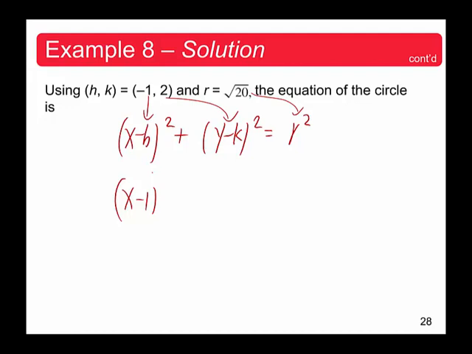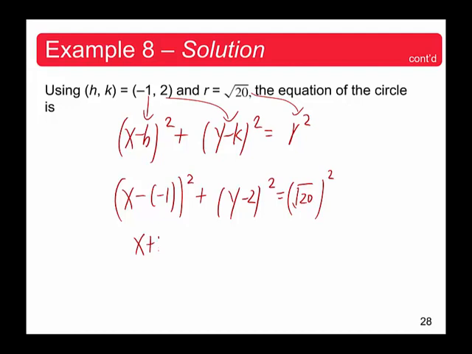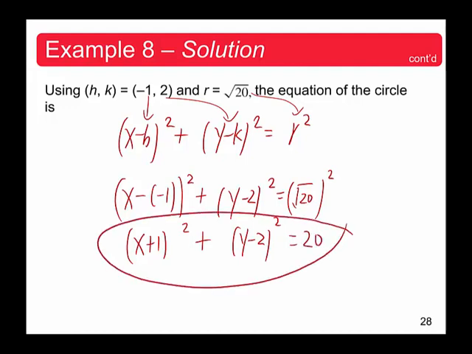Here be careful about the sign, because h is -1, so you also need to account for the sign here. (y minus 2) squared equals radical 20 squared. So this is (x plus 1) squared plus (y minus 2) squared equals 20. Then we come up with the equation.